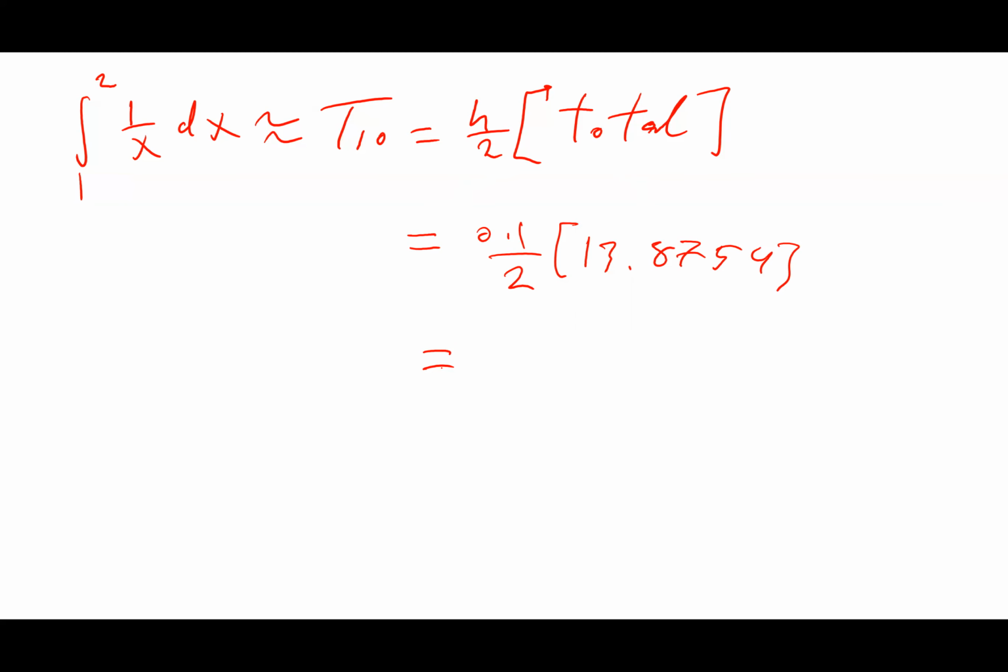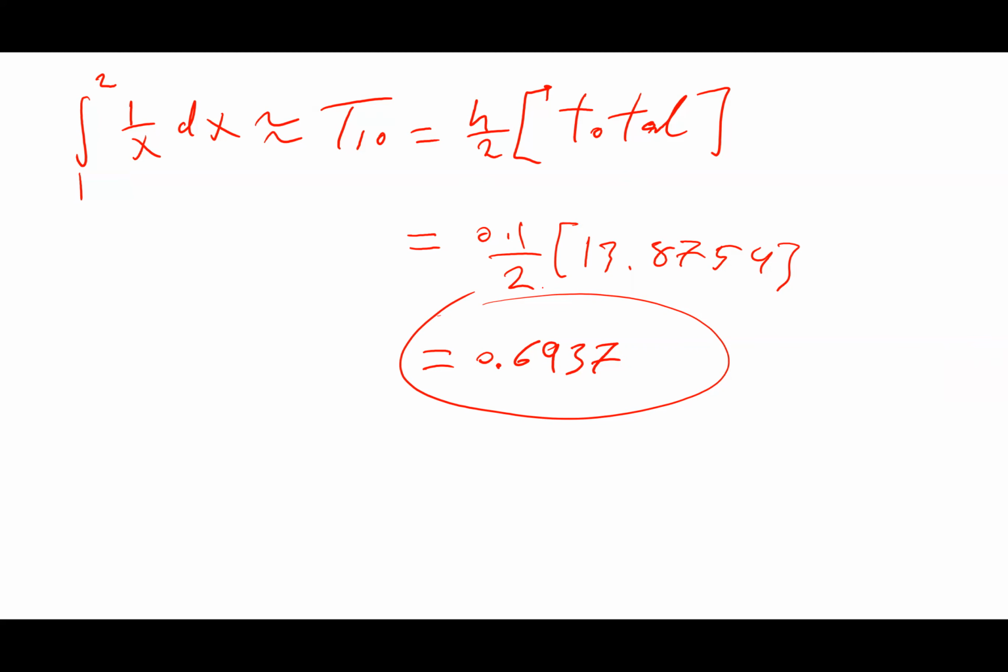And this will give me 0.6937. So this is the approximation for the integral from 1 to 2 of 1 over x dx.